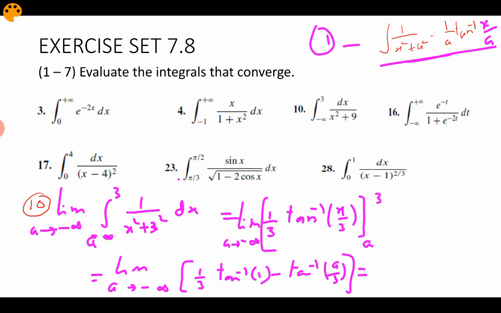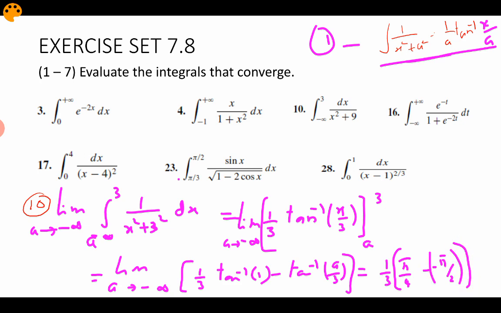So now just substitute a is negative infinity. The first term is tan inverse 1, which is pi by 4. Second, minus tan inverse negative infinity will be minus negative pi by 2.